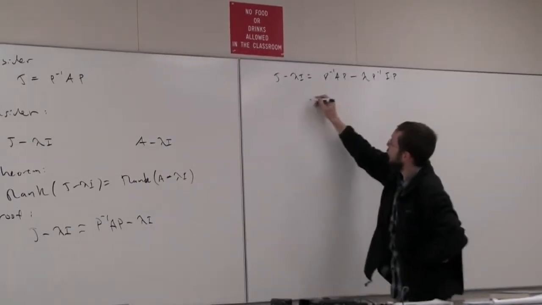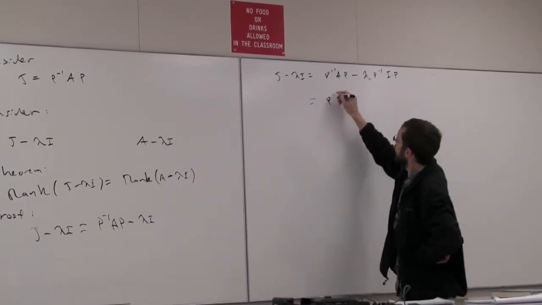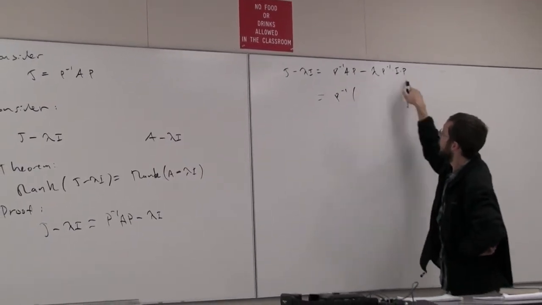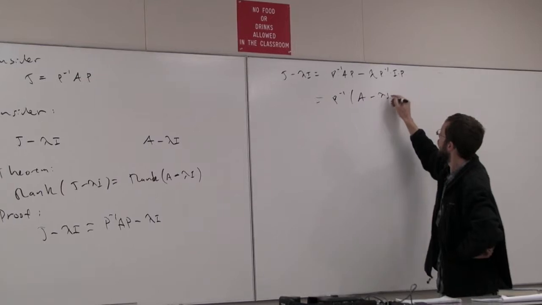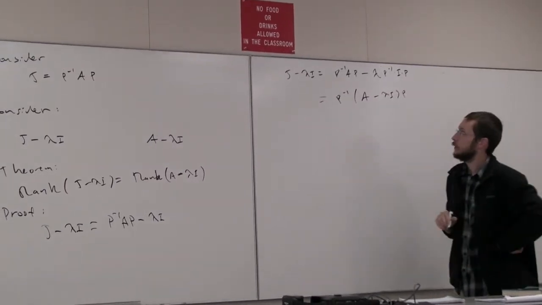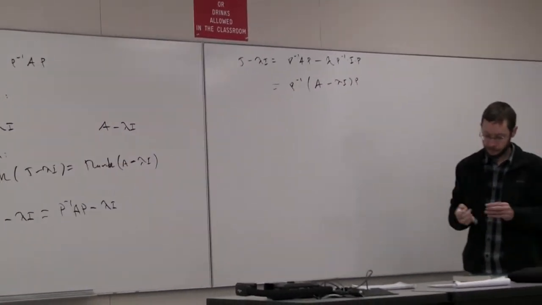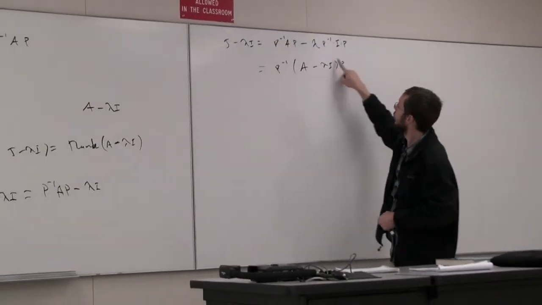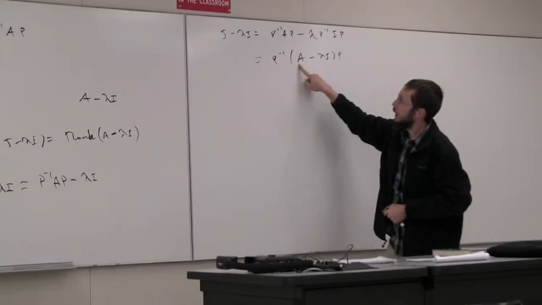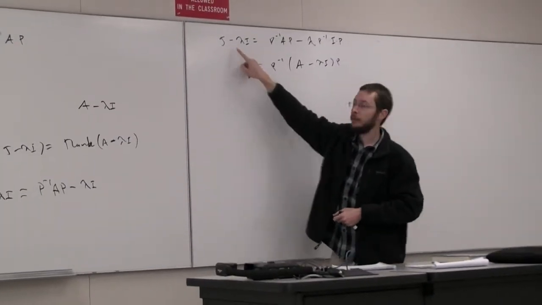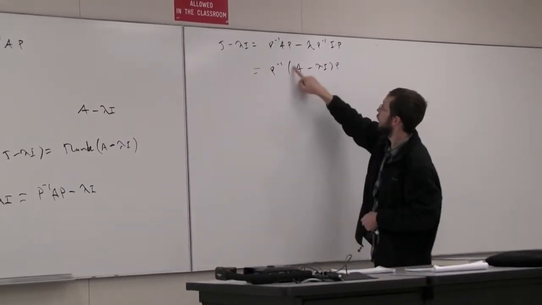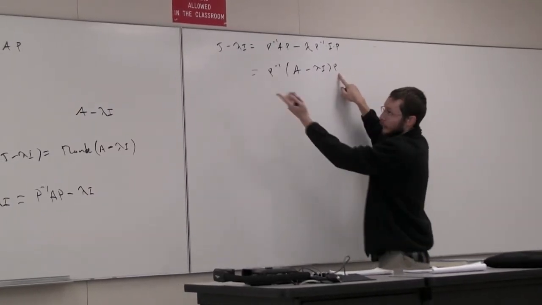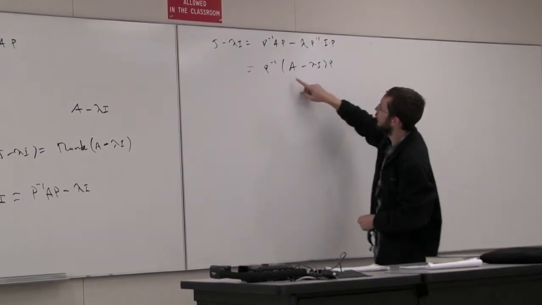And then what we can do is factor out P inverse on the left and factor out P on the right. And so this matrix right here has to have the same rank as that matrix there, because what we did is we took this matrix and conjugated it by an invertible matrix, which we discussed in that previous line.